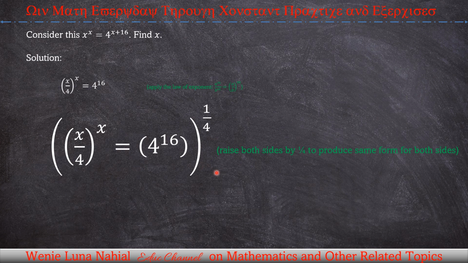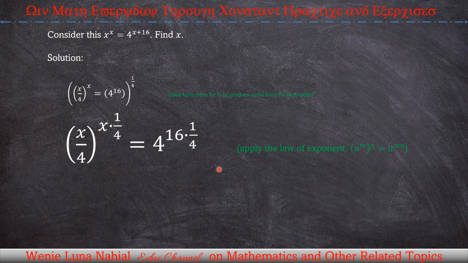Next, we have to raise both sides by 1/4, because we want to transform both sides of the equation into similar forms so we can apply one of the laws of exponents. We apply another law in which a raised to m, and that power is raised to another power n, is equal to a raised to m times n.